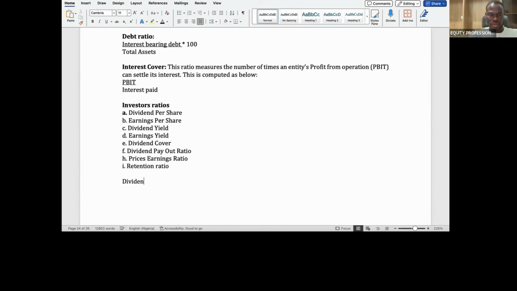So everybody here should know dividend per share, which is the dividend paid or payable over what?